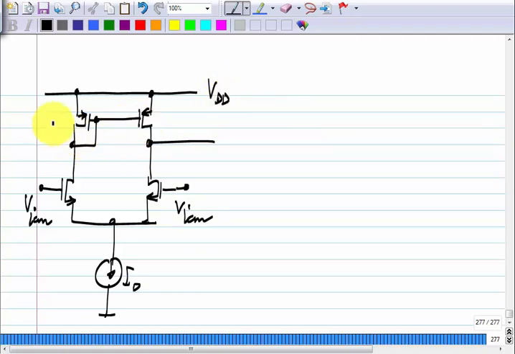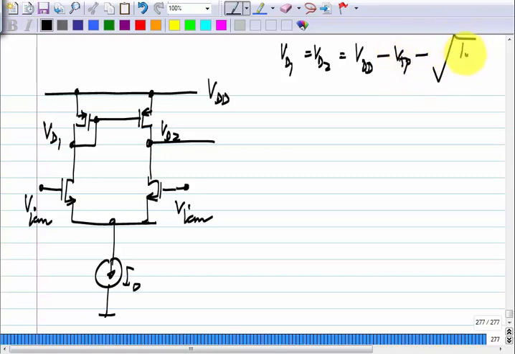So, both these voltages in quiescent condition, okay.